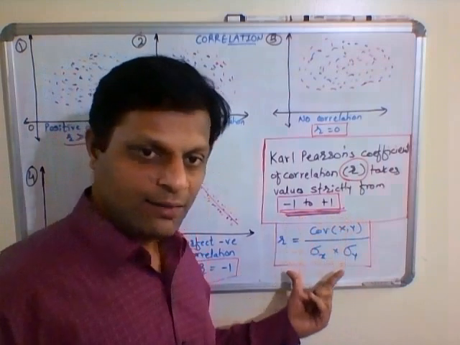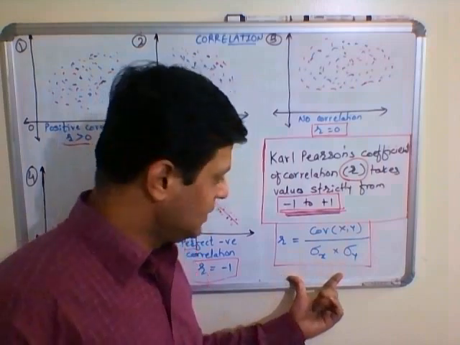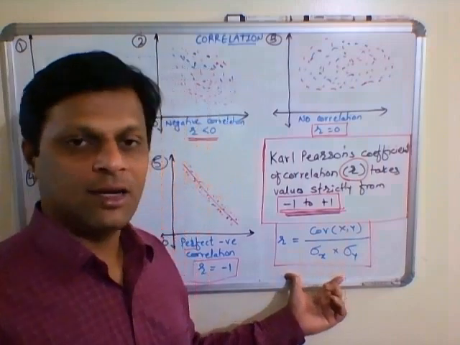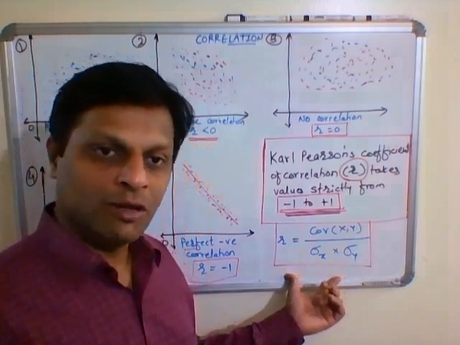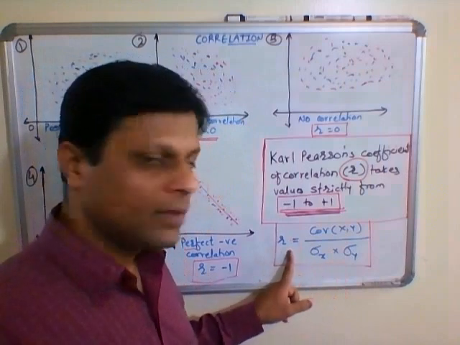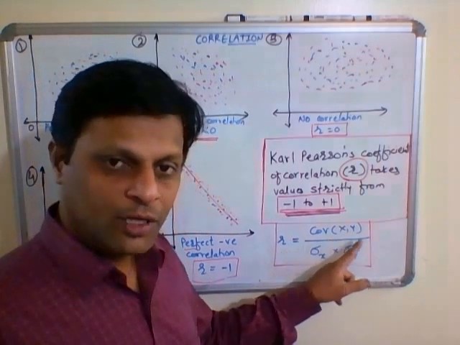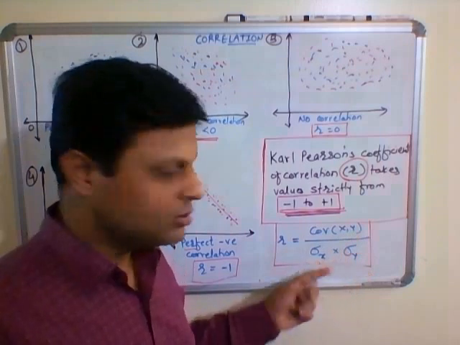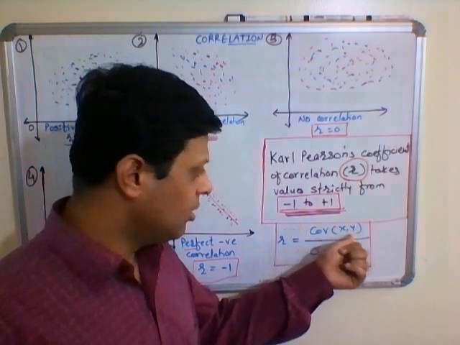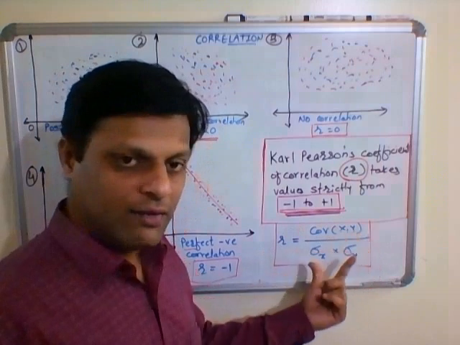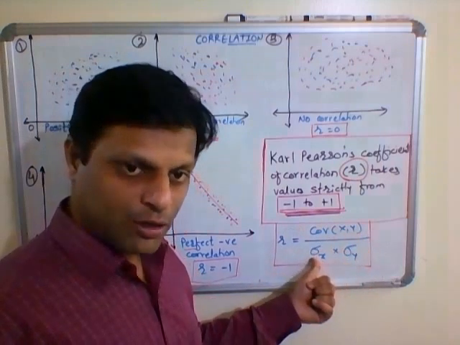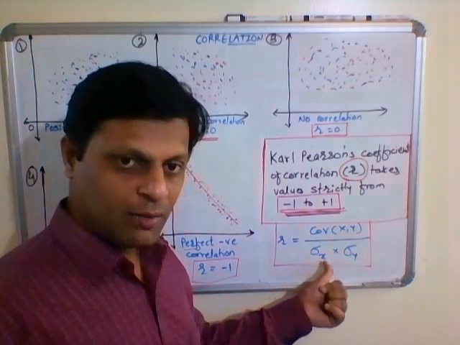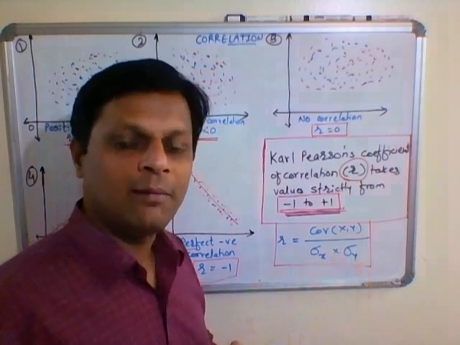Okay. Now Karl Pearson has given us a formula to measure this relationship in number form, that is the coefficient of correlation, R. That is the covariance between two variables divided by the product of their standard deviations. So covariance between x and y divided by the product of the standard deviation of variable x and the standard deviation of variable y.